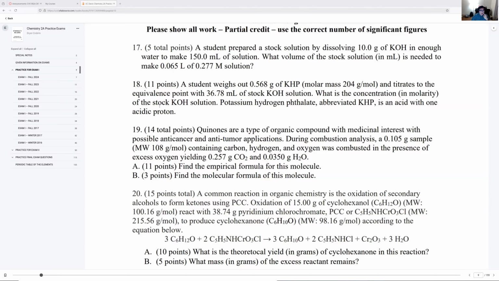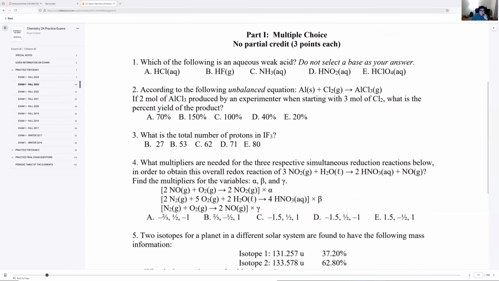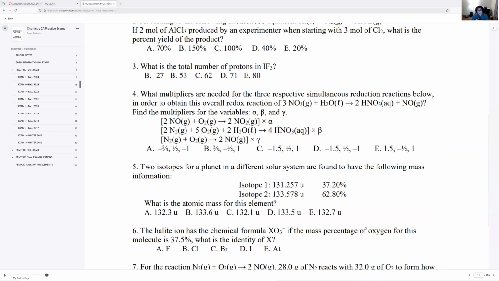So number 4 says: what multipliers are needed for the 3 respective simultaneous reduction reactions below in order to obtain this overall redox reaction, 3NO2 plus H2O yields 2HNO3 plus NO. Find the multipliers for the variables alpha, beta, and gamma.